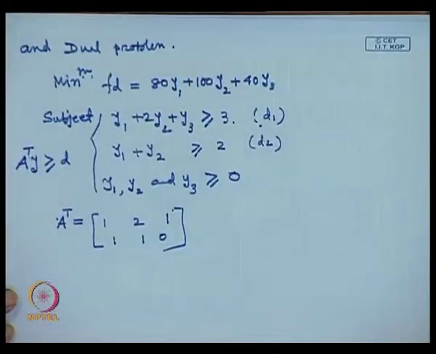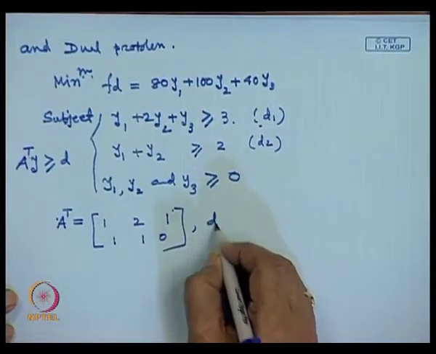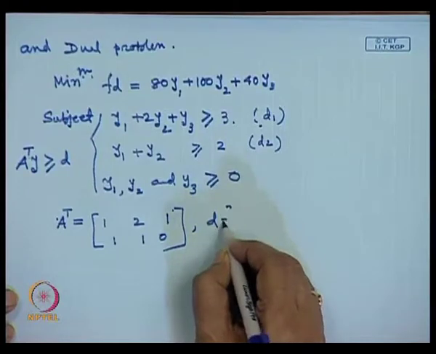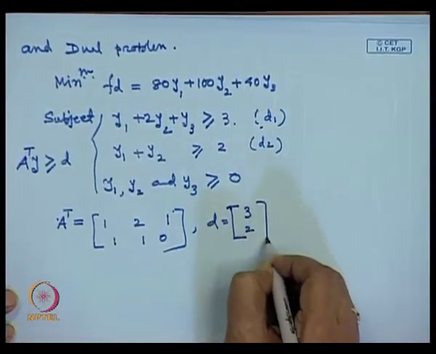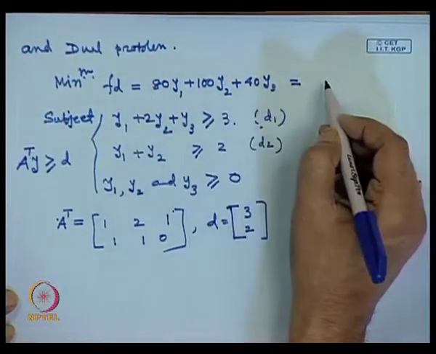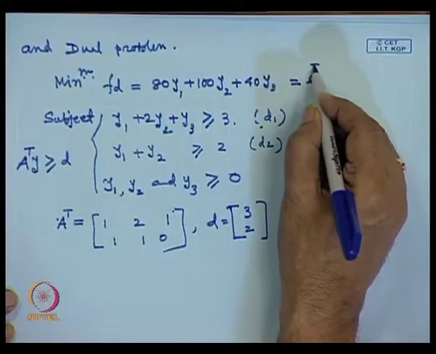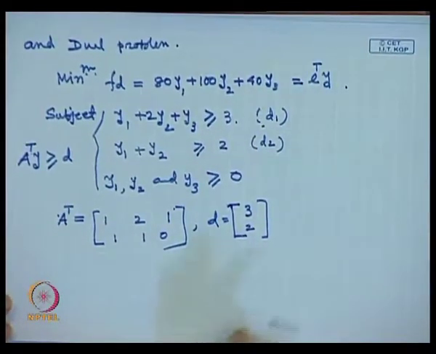Agree? Then our y, we know, is y 1, y 2, y 3, and D in our case is 3 2, and we can write it this way: A transpose y. Agree? So, if you see, this is our E.